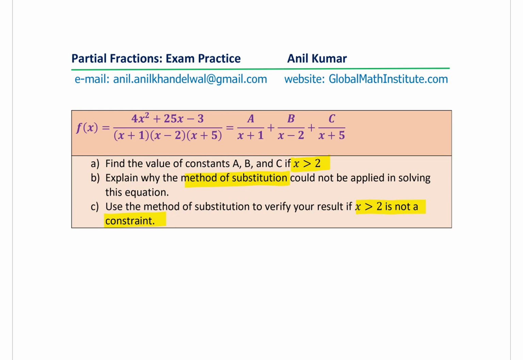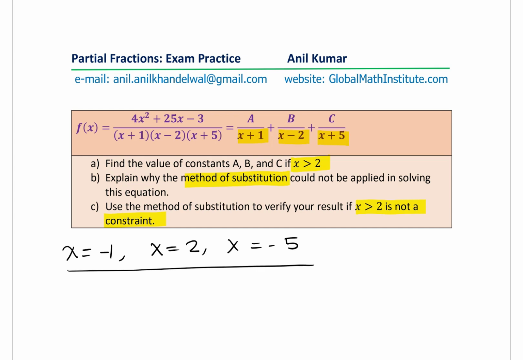Well, to solve it by substitution, since the denominators are x plus 1, x minus 2, and x plus 5, the values which we have to substitute are x equals minus 1, x equals 2, and x equals minus 5. Clearly, these values are all less than or equal to 2. So we cannot substitute these values and find the answer.